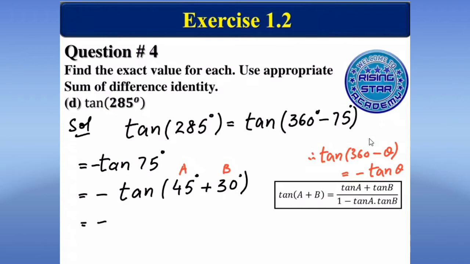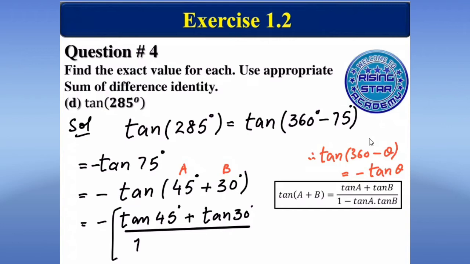So we have minus tan of 45 plus tan of 30 divided by 1 minus tan 45 into tan 30. Now we will put the values.